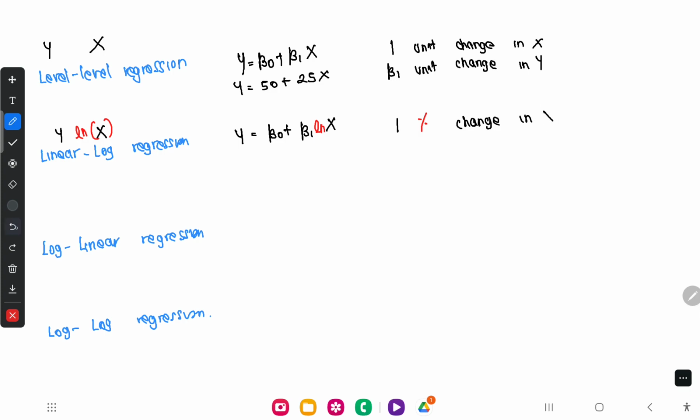So 1 percentage change in x will lead to beta 1 divided by 100 unit change in y. Let me explain with an example again: y equals 50 plus 25 ln x.